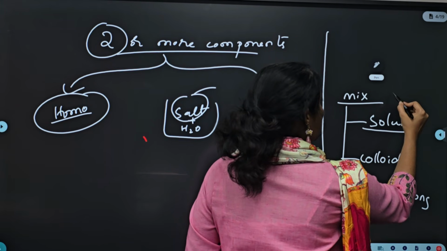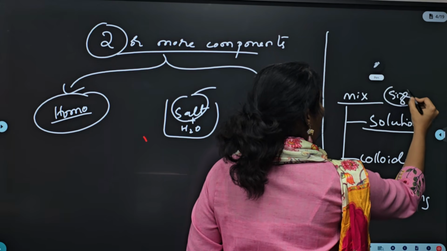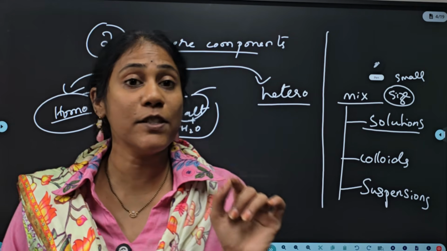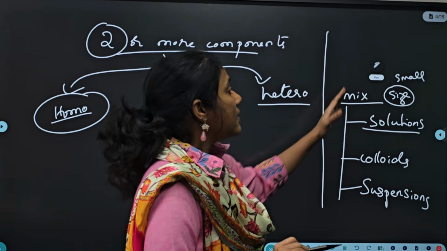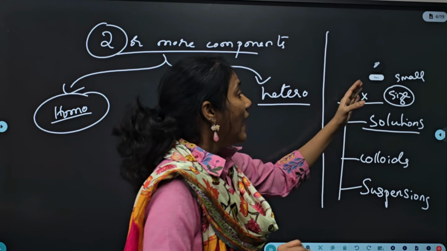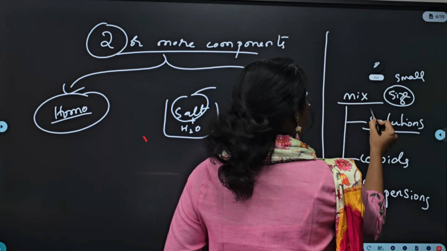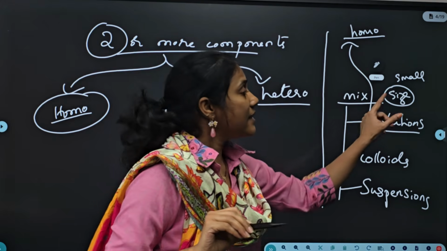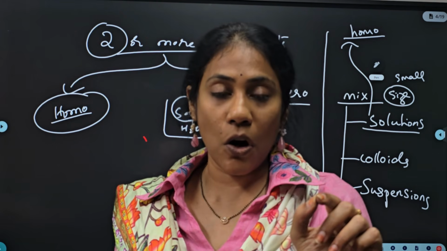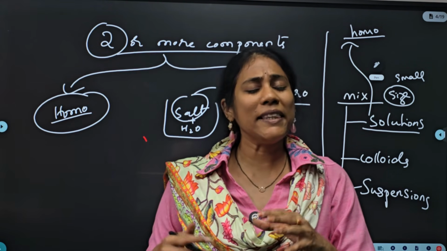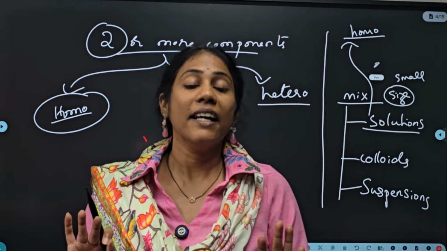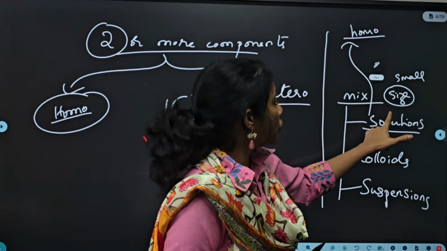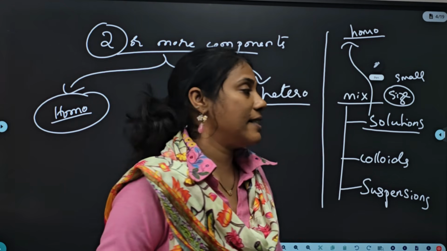In a solution the size of the solute particles is very small. Salt solution and sugar solution are homogeneous mixtures. Since the size of the particles is very small, one particle can mix with another very nicely, and you will have a uniform composition throughout. So a solution is an example of the homogeneous type.